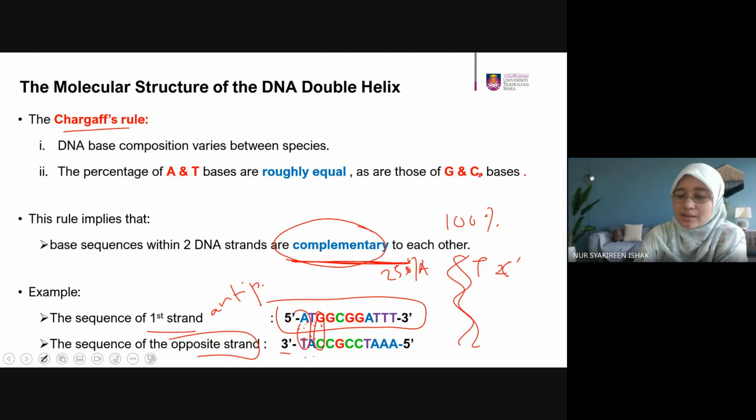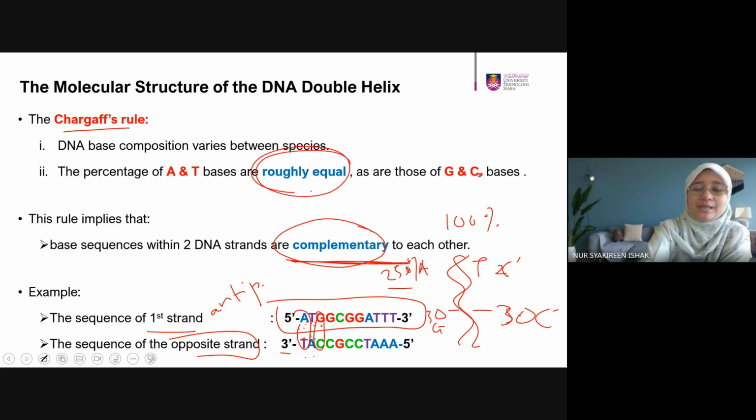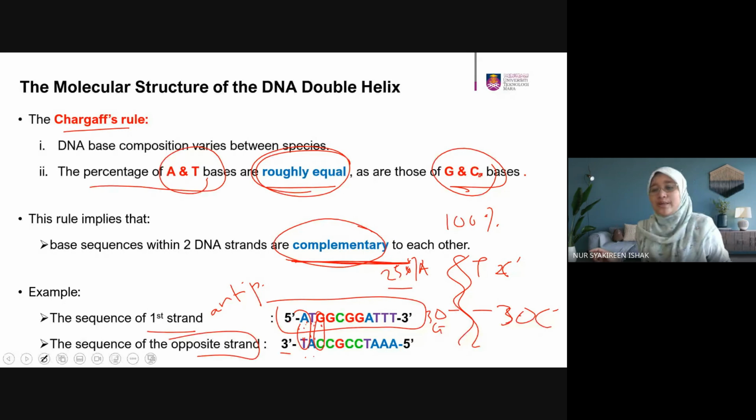Sama juga kalau kat sini ada, let's say, 30% guanine, kena pair dengan 30% cytosine. That is roughly what it says here: the percentage of adenine and thymine are roughly equal, and the same goes for guanine and cytosine.